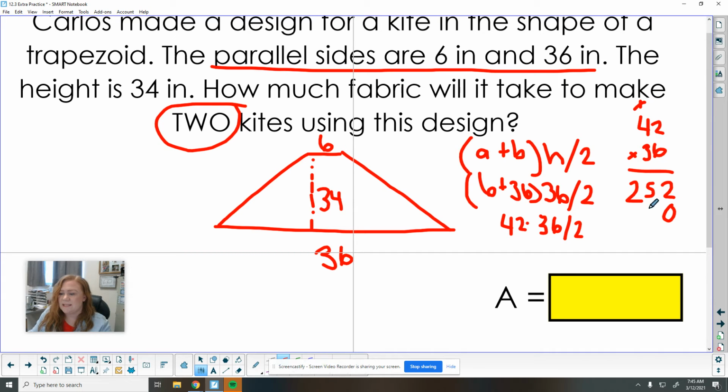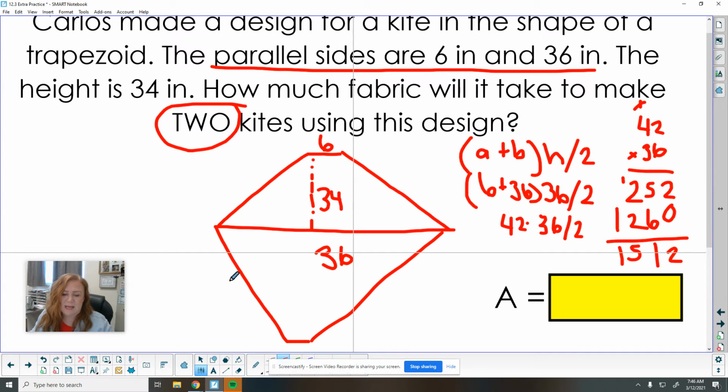There is 6 and 12. So add these up. 2, 11, 2, 4, 5, and 1. So right now we're at 1,512.